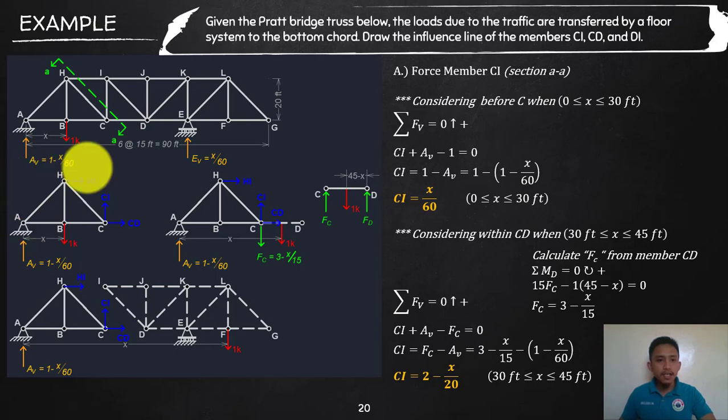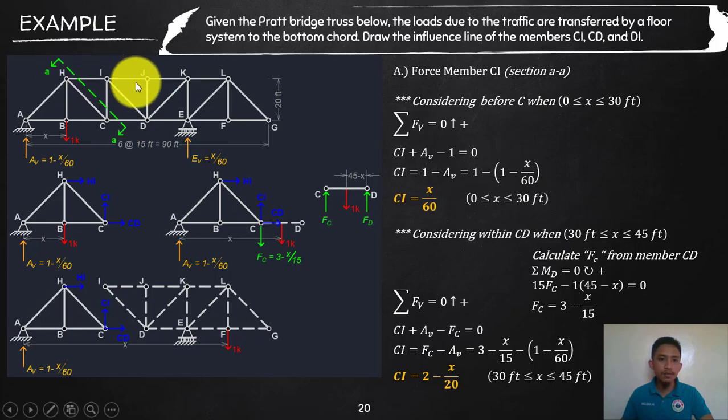And then the second possibility is that if your load is already on the other side, so this is now the second half. And then there is a third one wherein the load is at the panel where the section is passing through. So we need to consider when the load is within the panel that we cut. That is in our case CD or HI, but since our load is within the bottom part, then that is CD.